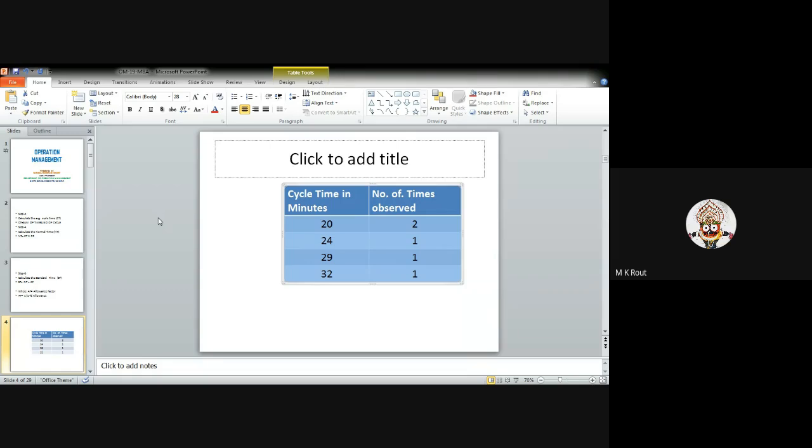by using experienced engineer ratings and inexperienced engineer ratings. I repeat, calculate the standard time by using experienced engineer ratings and inexperienced engineer ratings.